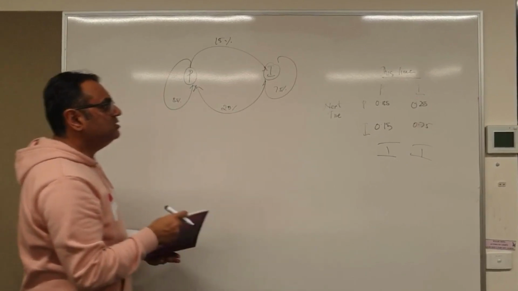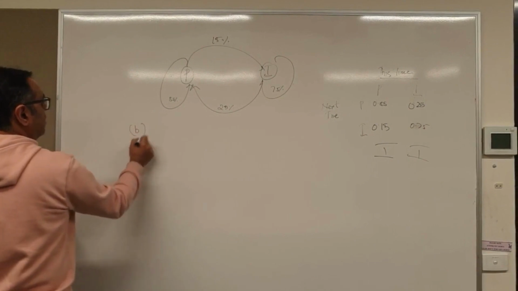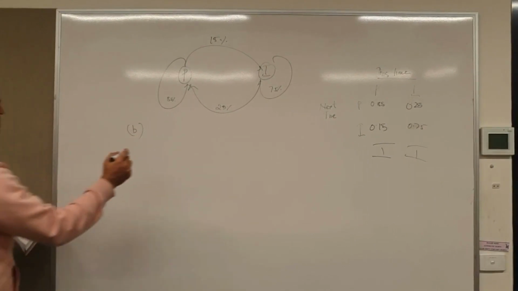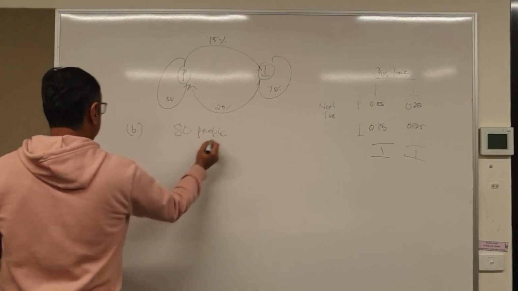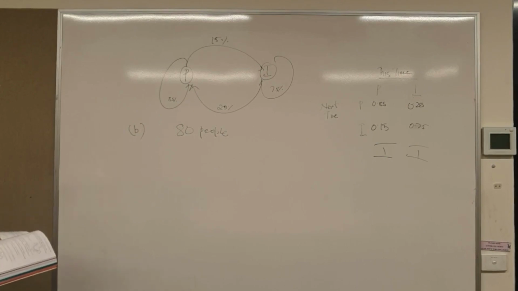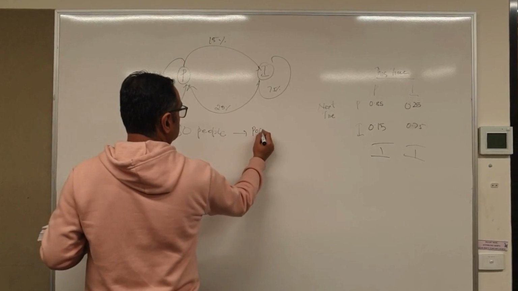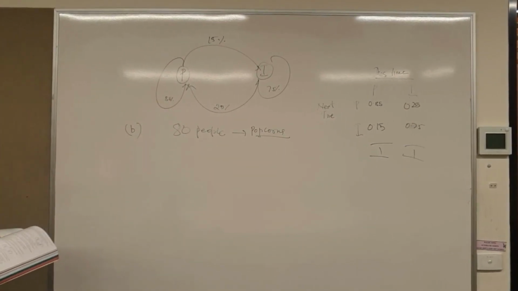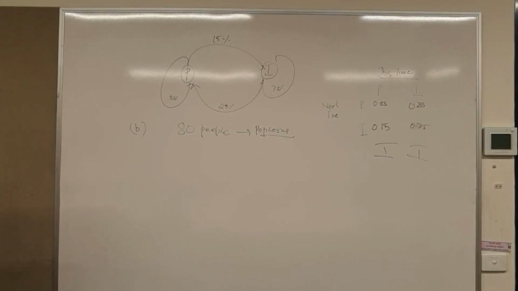Now let's quickly do part B of the question. Now part B says 80 people are buying popcorns. It says how many of them will buy popcorns next time.